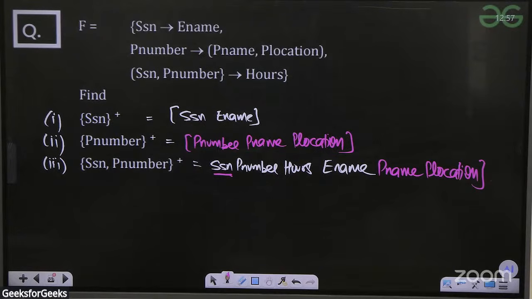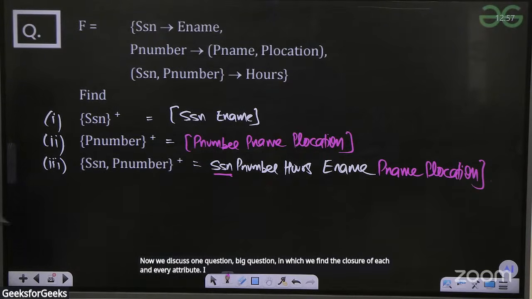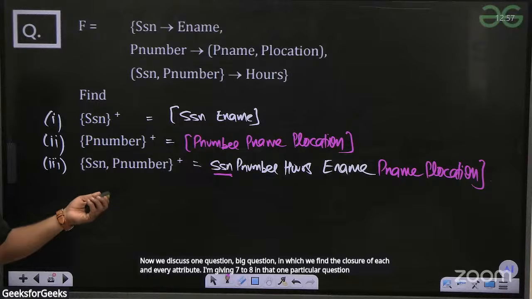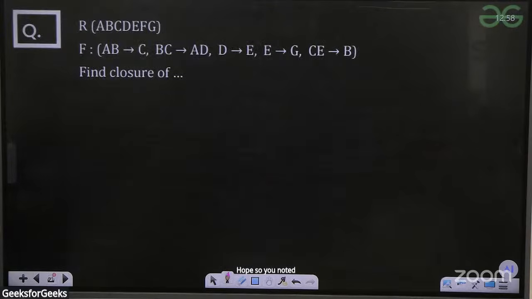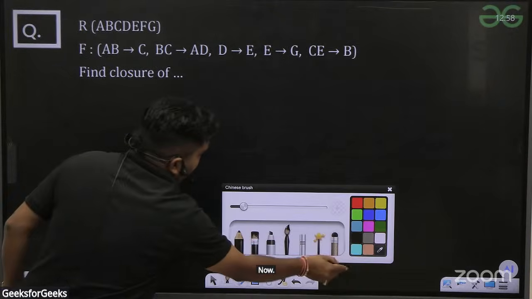Now we discuss one big question, in which we find the closure of each and every attribute. I am giving 7 to 8 in that one question. Hope you noted. Now, please put your pen down.